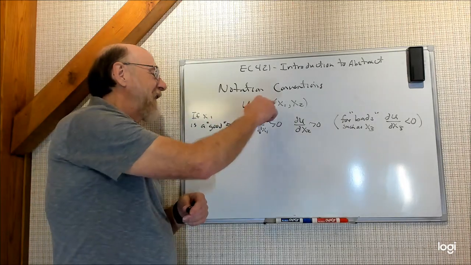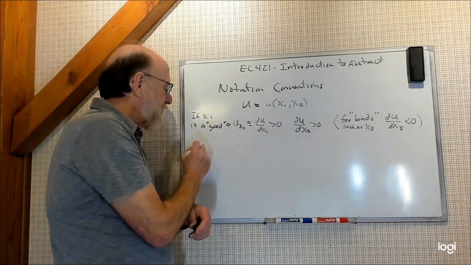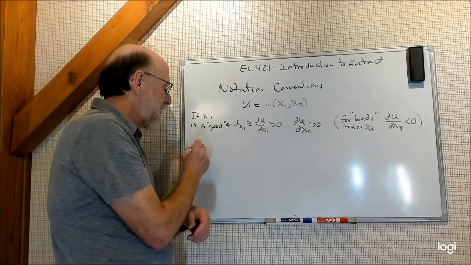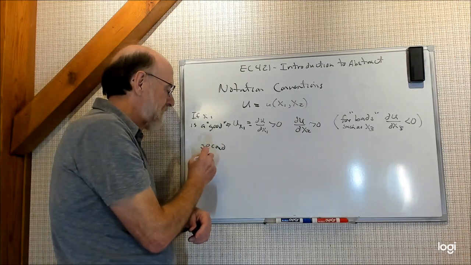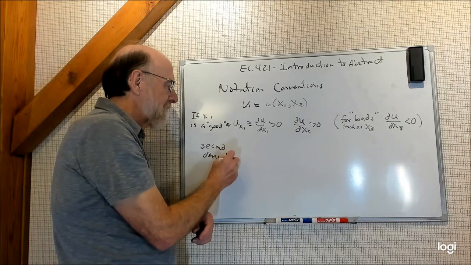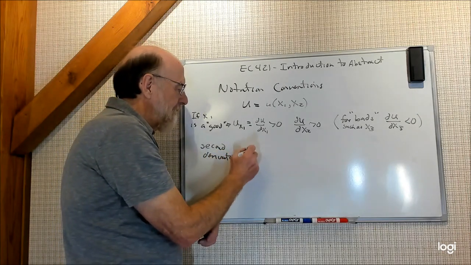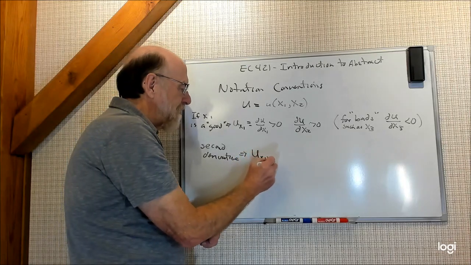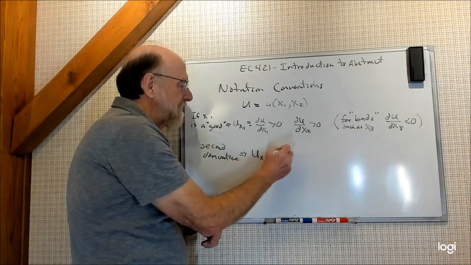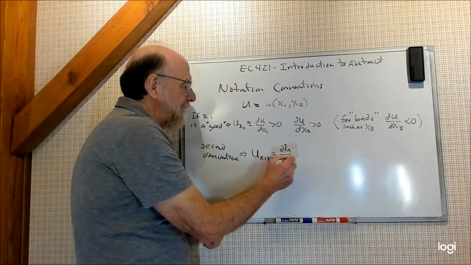Now, how do you write the second derivative? The second derivative is written as u x1 x1 equals d squared u over dx1 squared.